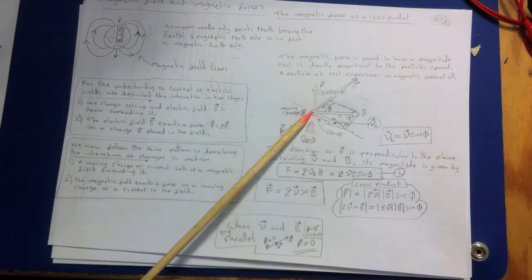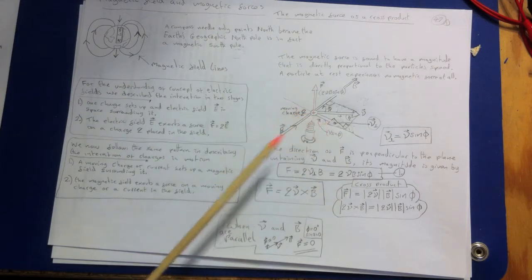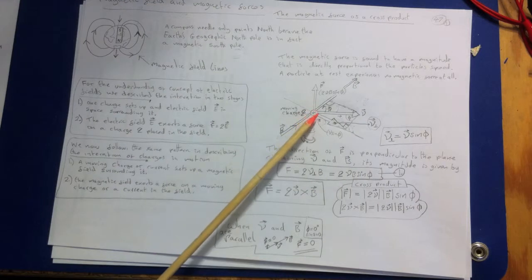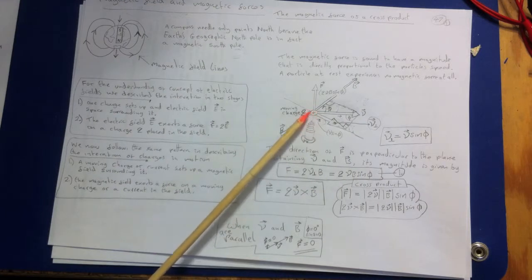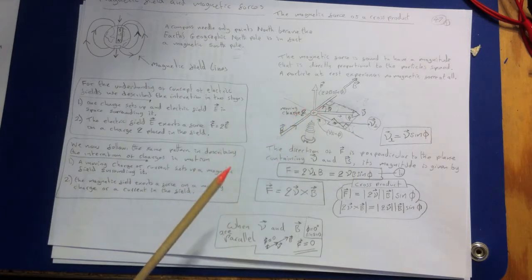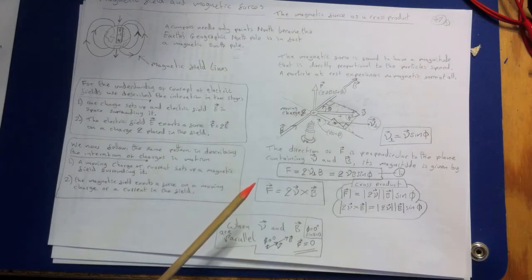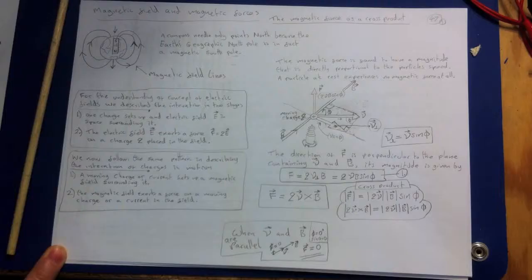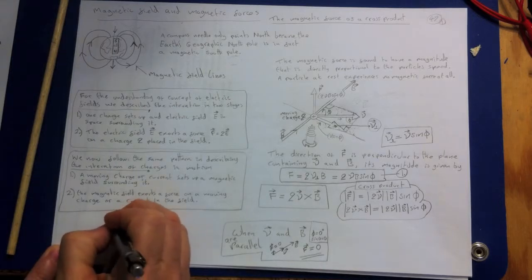So the force will be at its strongest when the velocity of the charge is completely perpendicular to the magnetic field that it travels through. This is the first of several applications of the vector product we will encounter in our study of magnetic field relations.